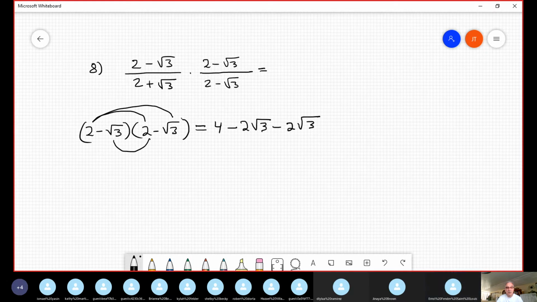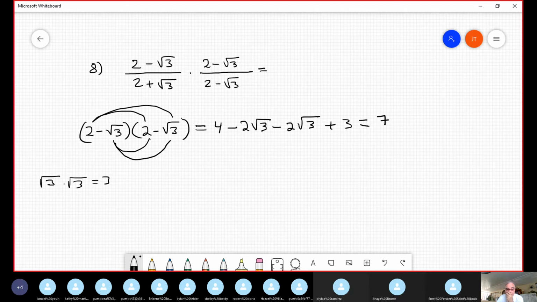It's a coincidence that it's the same because they are twin brothers. And negative radical 3 times negative radical 3 is positive 3. Now remember the shortcut: radical 3 times radical 3 is 3. Radical of any number times the same radical is the number without the radical.